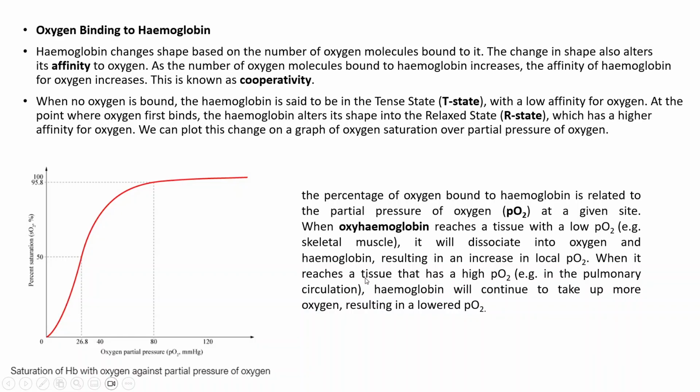When it reaches tissues with a high PO2, like in the pulmonary circuit, which already has a lot of oxygen, hemoglobin will continue to take up more oxygen until it can't take up any more, resulting in a relatively lower PO2. So this is how hemoglobin is regulated in different tissues based on the local partial pressure, and how it takes up the optimal amount of oxygen required to then release it into tissues that have relatively lower PO2.